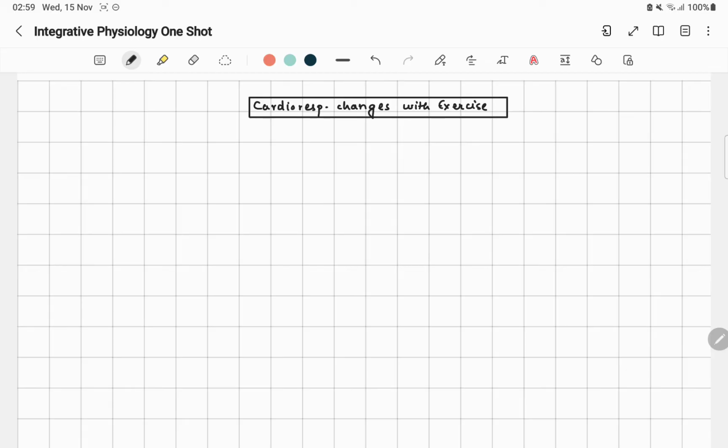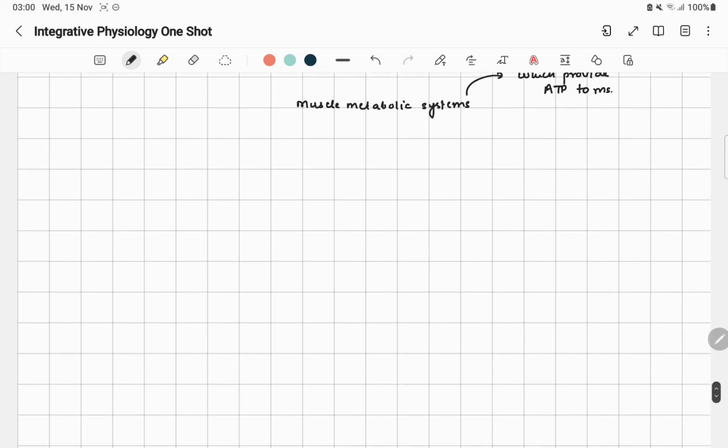Okay, let's talk about the muscle metabolic systems. There are three metabolic systems in muscles, the systems which provide ATP or energy to muscles.